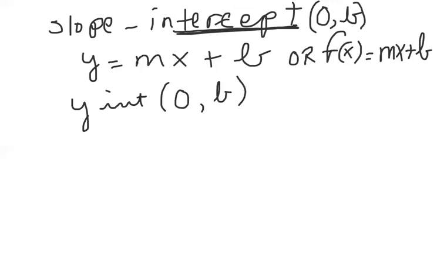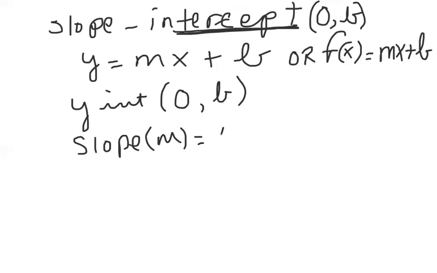Okay? Now, the m represents your slope. The slope is defined as a vertical change over a horizontal change, guys. Some of you commonly refer to it as the rise over the run.